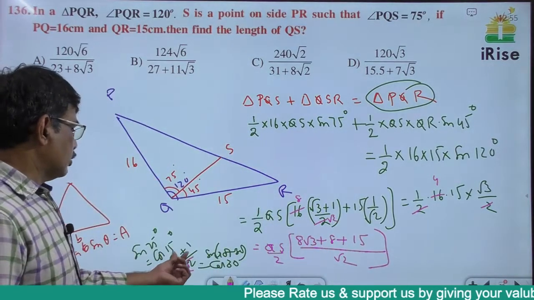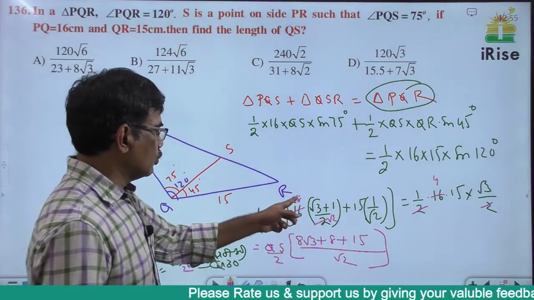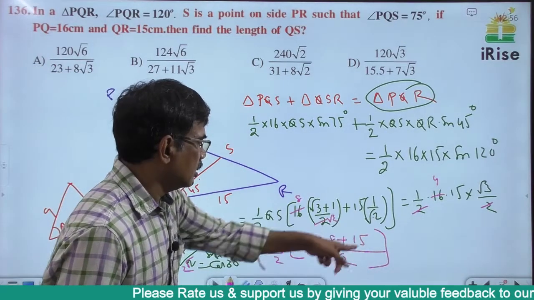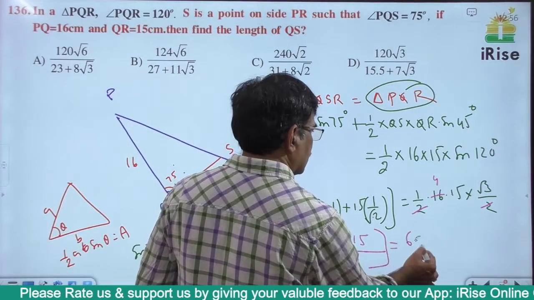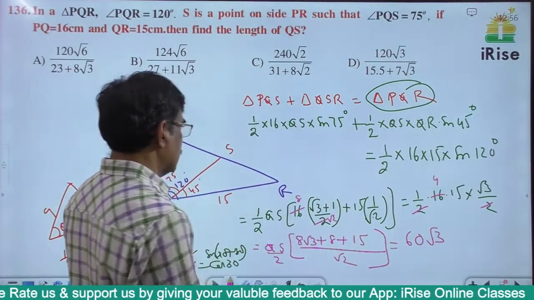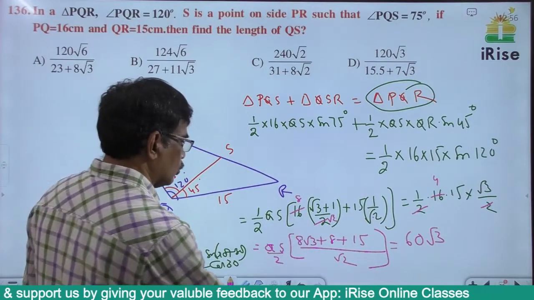Cos 15 value is root 3 plus 1 by 2 root 2. Only 2 gets cancelled. Root 2 is the denominator for all, here also root 2 denominator. Is equal to 4 5 is 60 root 3. Just cross multiply, we get QS.